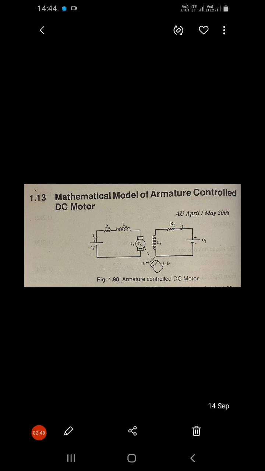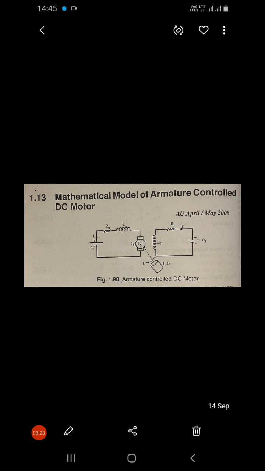So when the armature rotates, it develops a voltage E_B which is opposite to the applied voltage. This EMF is known as back EMF, and it is proportional to the speed of the motor. For developing the mathematical model, we take two assumptions.